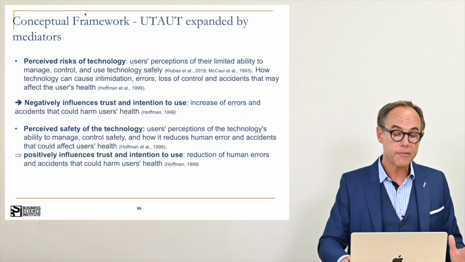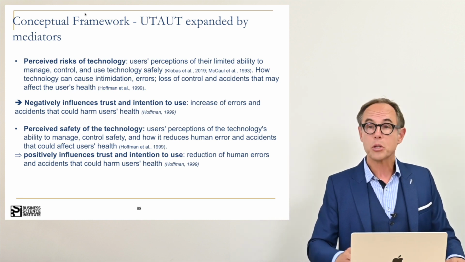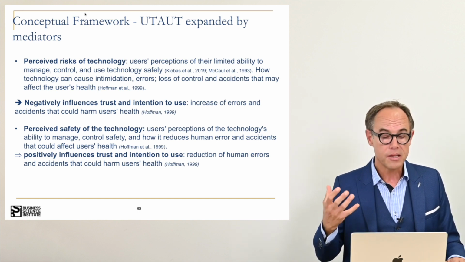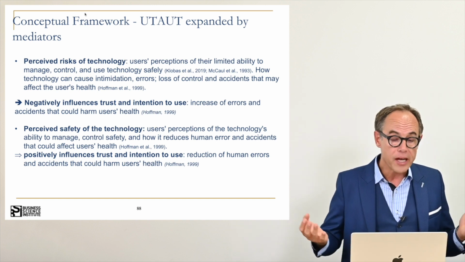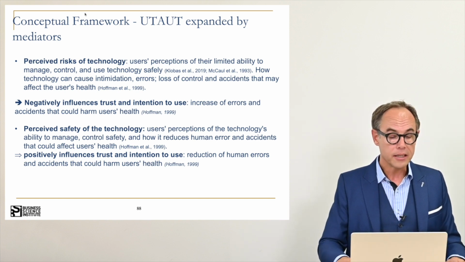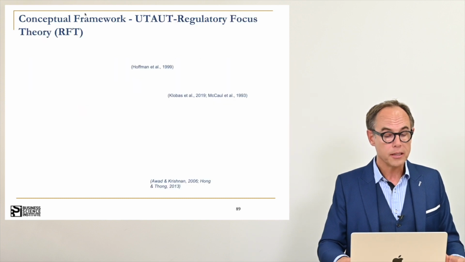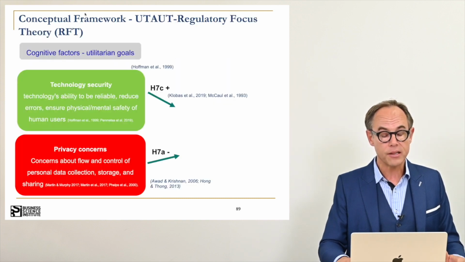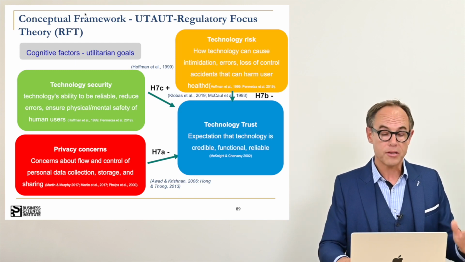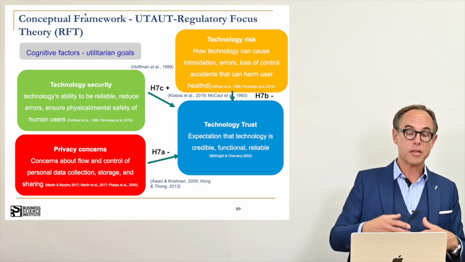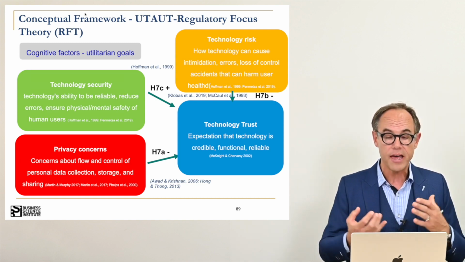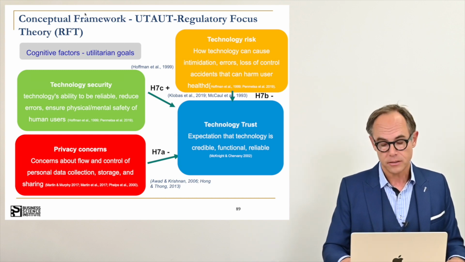And we introduce perceived risk of technology, which is the user's perception of the limited ability to manage, control, and use technology safely due to errors, intimidation, and loss of control. And clearly, technology risk should impact technology trust negatively, as we can see here, which is conceptualized in the literature. On the other hand, technology security, which is the ability to produce a reliable service and reduce errors, should positively impact technology trust.